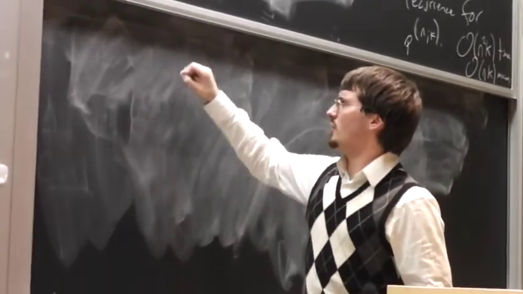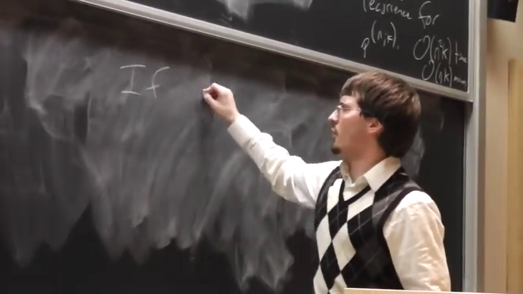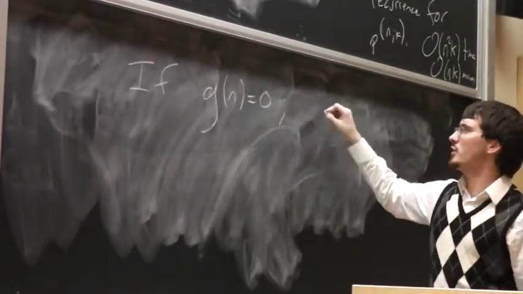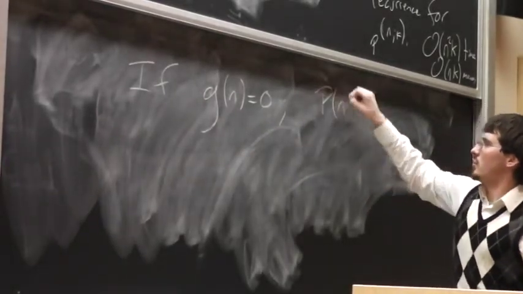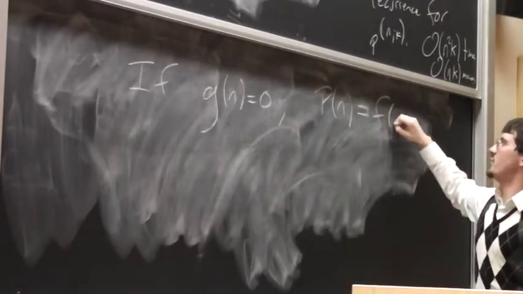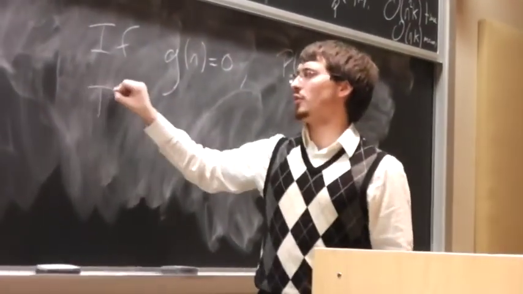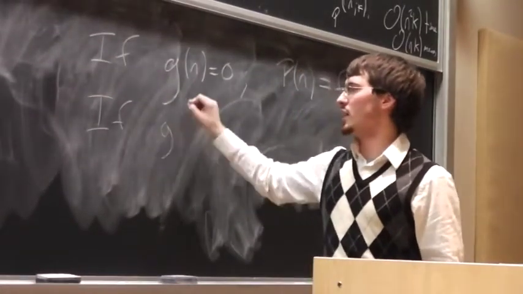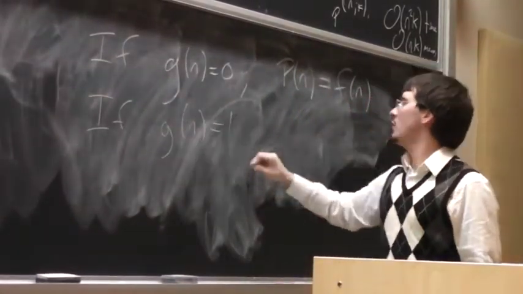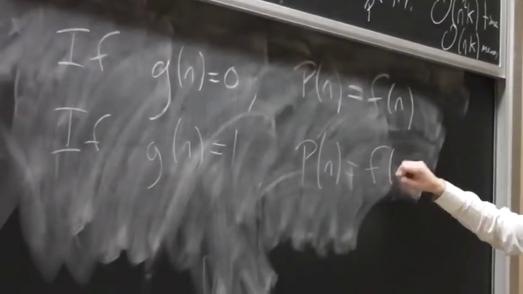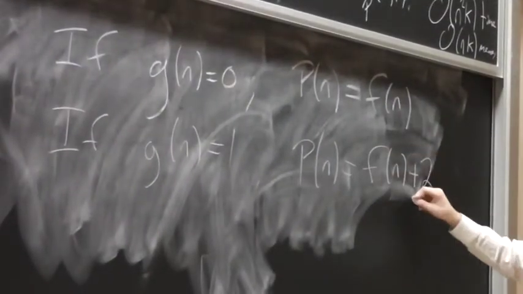We said if our number is a triangle number, in other words, if this little extra part is 0, then this thing is just f of n. And that other thing I was saying, if it's a triangle number minus 1, then this guy is f of n plus 2.